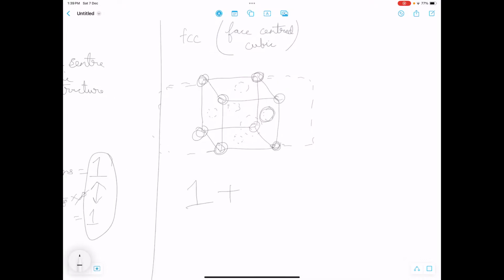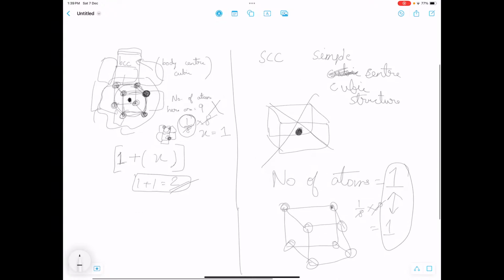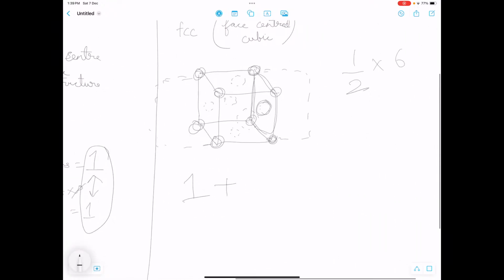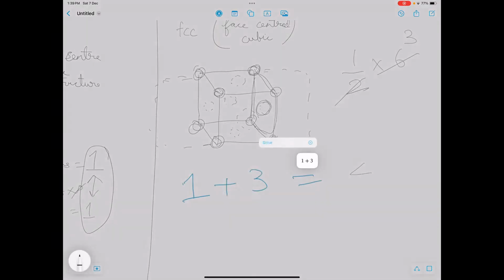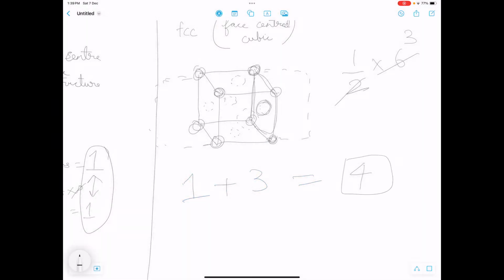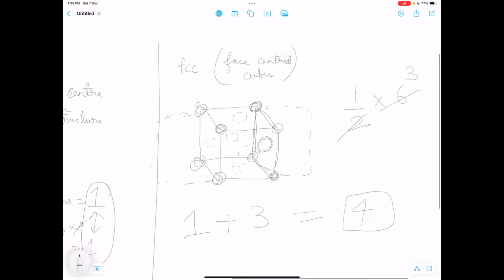So it means that this face only has 1/2 of the whole atom. And like this, how many faces are there? 6 faces. So into 6 faces. Here we are doing into 8 corners. Here into 6 faces. So 2 3s are 6, 1/2 of 6 is 3. So these corners make up one whole atom, and these become 3 atoms. So 1 plus 3 is equal to 4. This is the total number of atoms in FCC, face centered cubic structure.